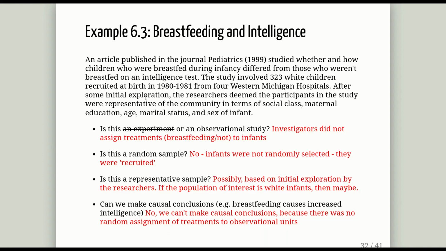So, this is an observational study. Similarly, infants were not randomly selected from the population, so this is not a random sample. Again, you've got to get consent from the participants in the study. And so you can't just randomly choose people from the population and force them to respond.